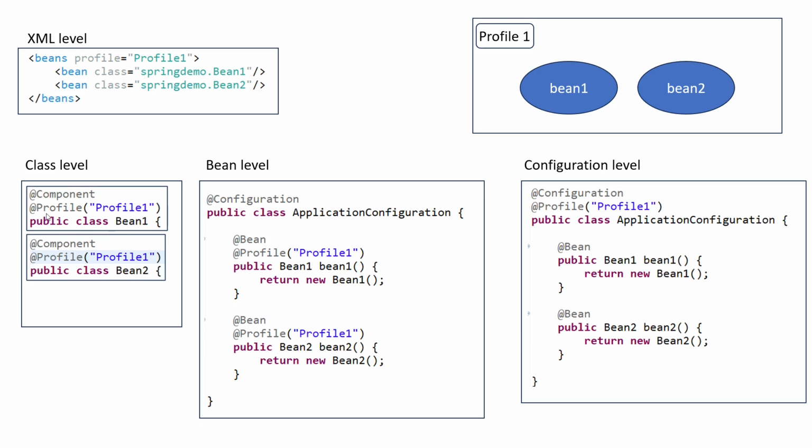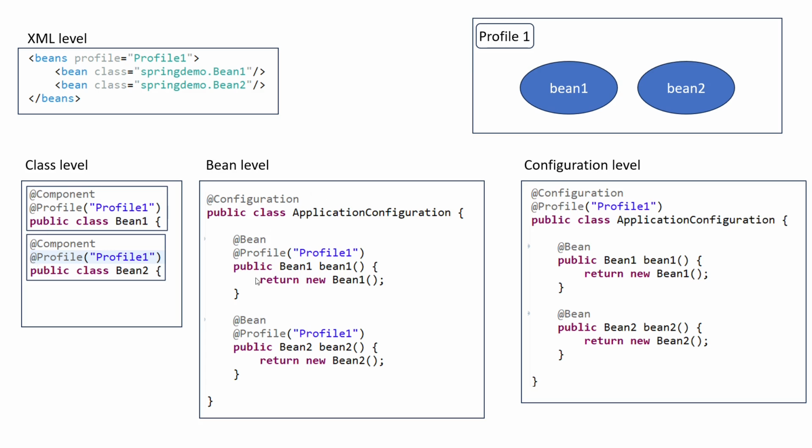At the class level also I can use the @Profile annotation. This is a special annotation we can use to associate a bean with a particular profile. Here bean 1 is part of profile 1, and bean 2 is also part of profile 1. So at the class level also we can use the @Profile annotation.